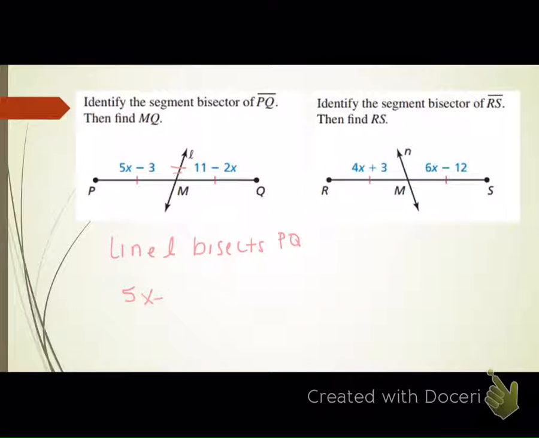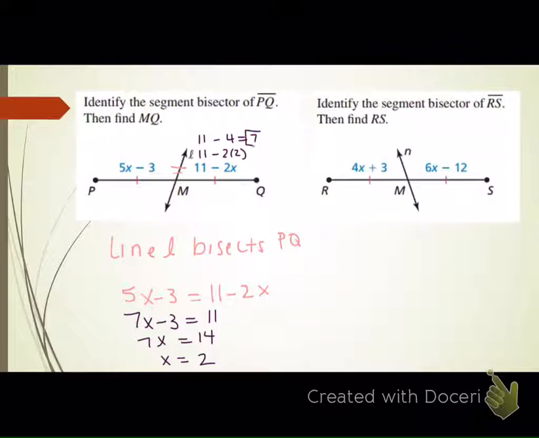So we get 5x minus 3 equals 11 minus 2x. So that's 7x minus 3 equals 11. So 7x equals 14. So x equals 2. I just solved that. So to find MQ, all I have to do is plug into MQ. So 11 minus 4 equals 7. So MQ is 7. All right.